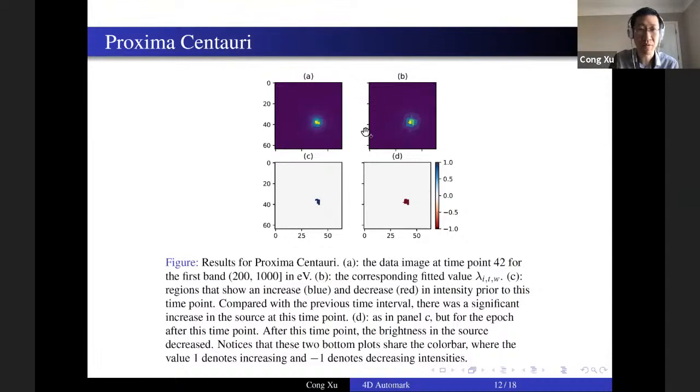So we can see that before this time interval, the intensity increased a lot, and this algorithm successfully detects that region that increased a lot. And also after this time interval, the intensity in the source decreases, and the algorithm also detects this region such that there's an obvious change in the intensity.